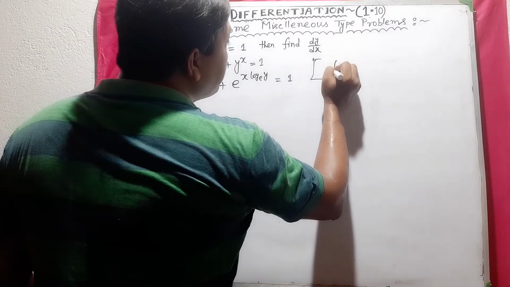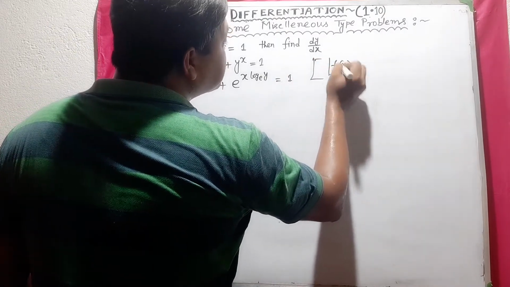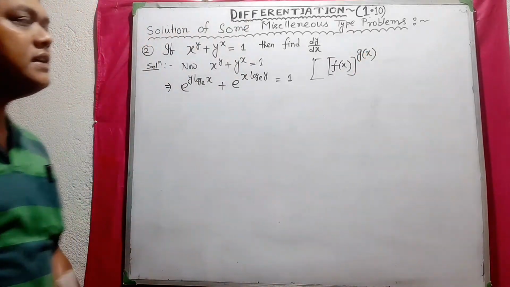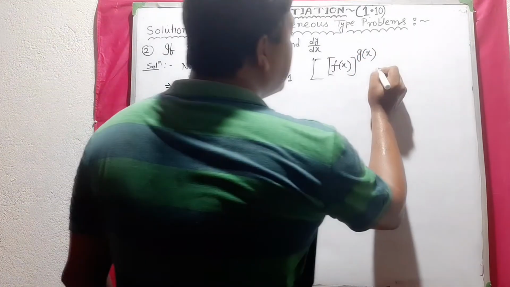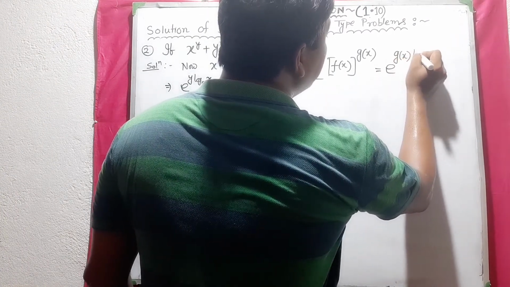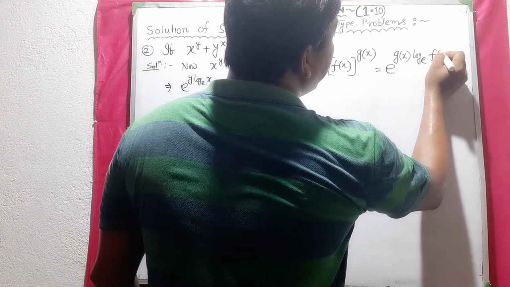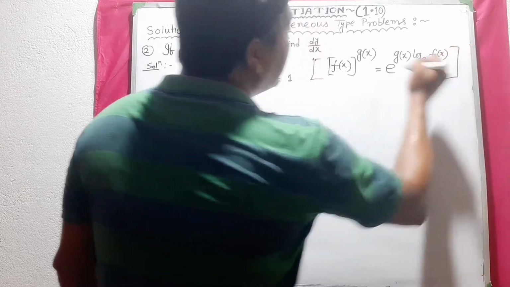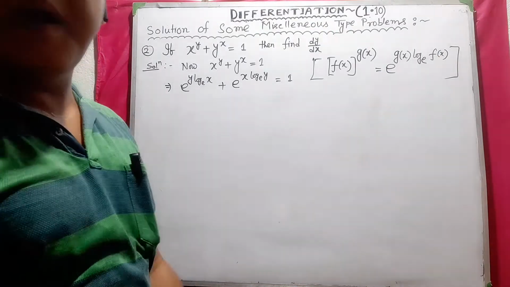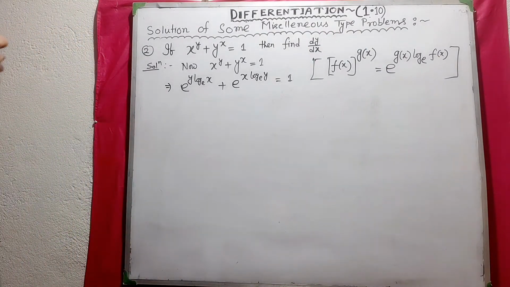Because we have already discussed several times that f(x) to the power g(x), or anything, gives e to the power g(x) into log base e f(x). We will always try to remember this, because we use it in many problems.